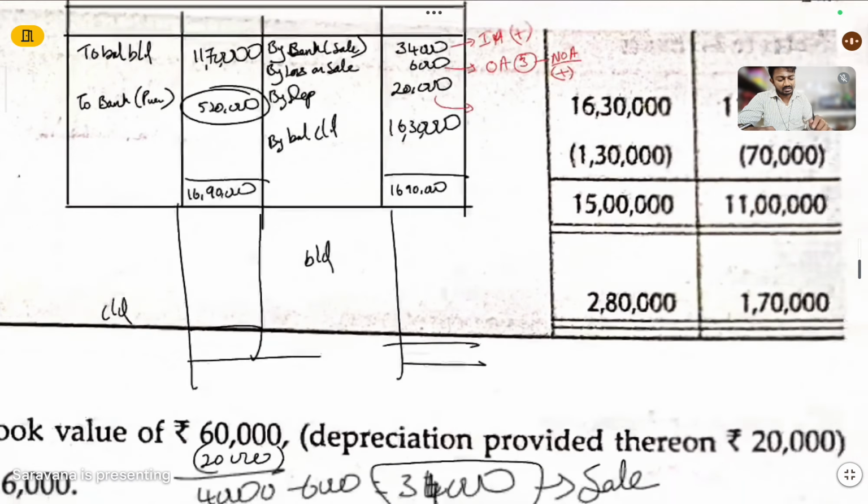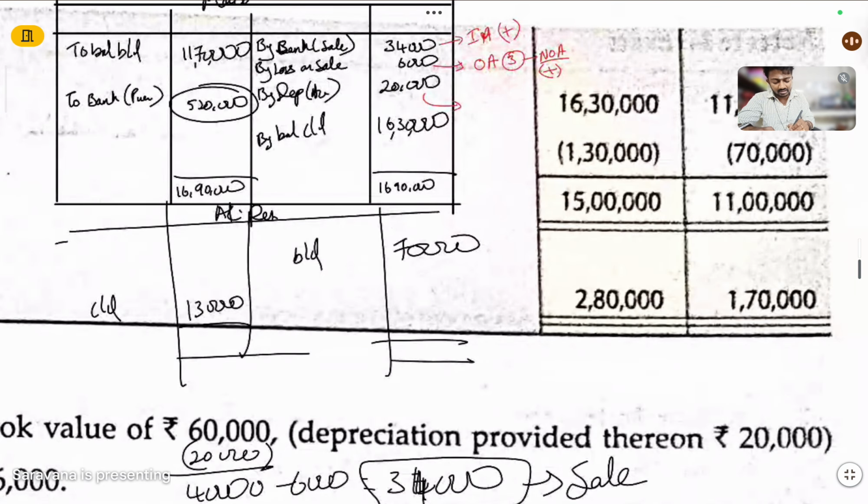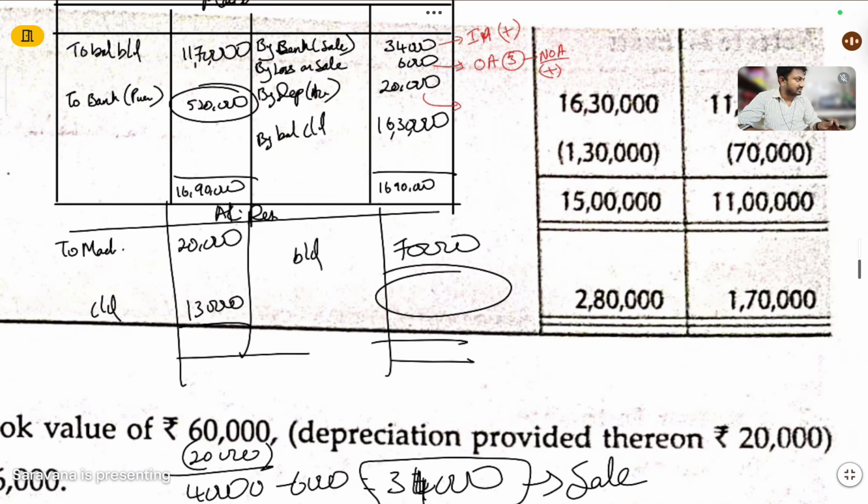The opening and closing are 70,000 and 1,30,000. In the machinery account it is by accumulated depreciation. In the accumulated depreciation account it is to machinery, which comes to 20,000. Close the account and you will get a balancing figure.